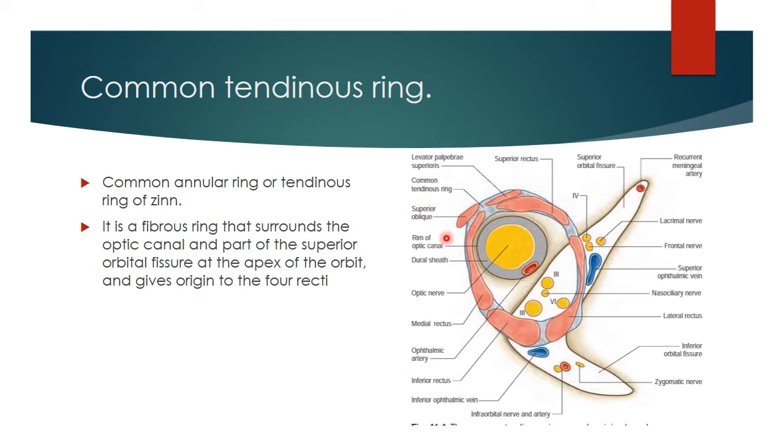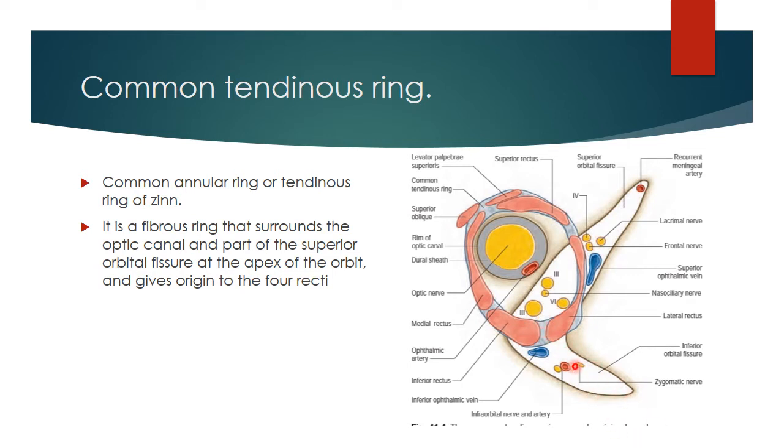It is a fibrous ring which is attached posteriorly near the apex of the orbit on its inner aspect, and it surrounds the optic canal and part of the superior orbital fissure.